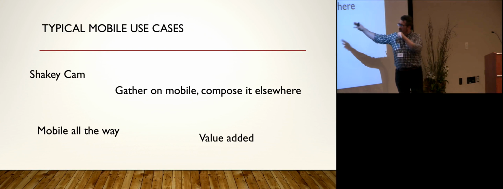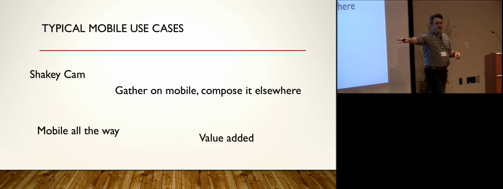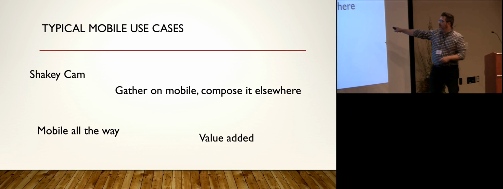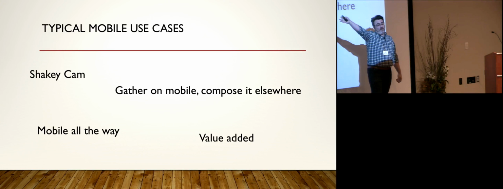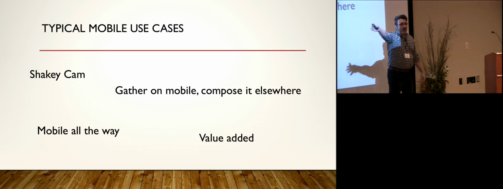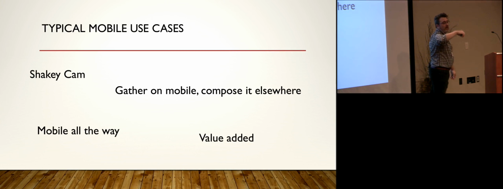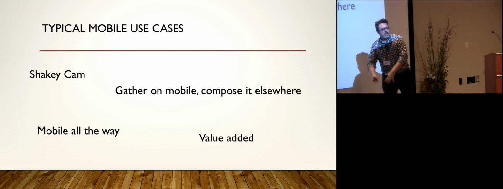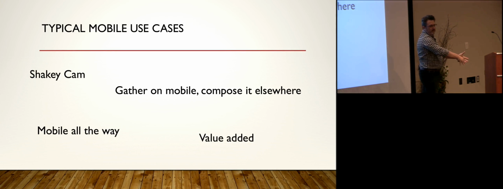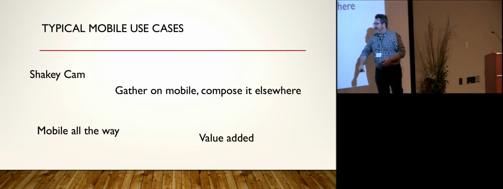Now, what you're going to do here is going to really define what you do. For instance, if you're doing gather on mobile, compose it elsewhere, you have a limited budget, you want to spend money on the gathering software, the gathering apps, like higher end video, photography, audio apps, lower end composition apps and editing apps.